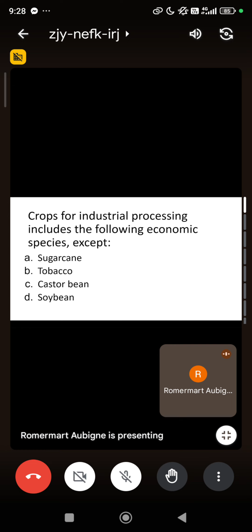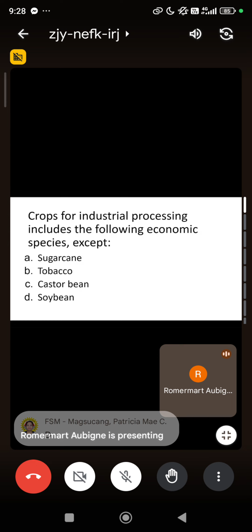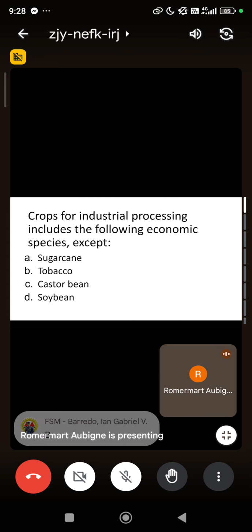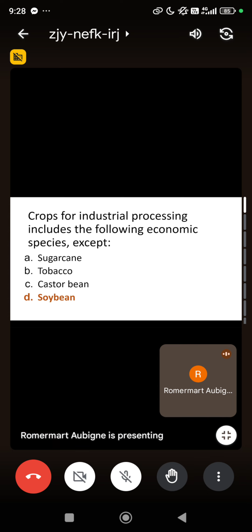Let's look. Sugarcane, we use this for industrial processing. Sugar, tobacco, then the castor bean or castor oil. So the answer is soybean.